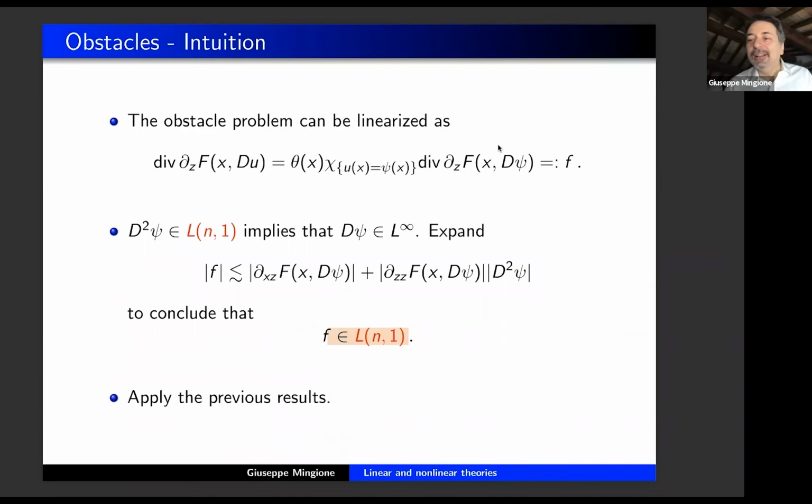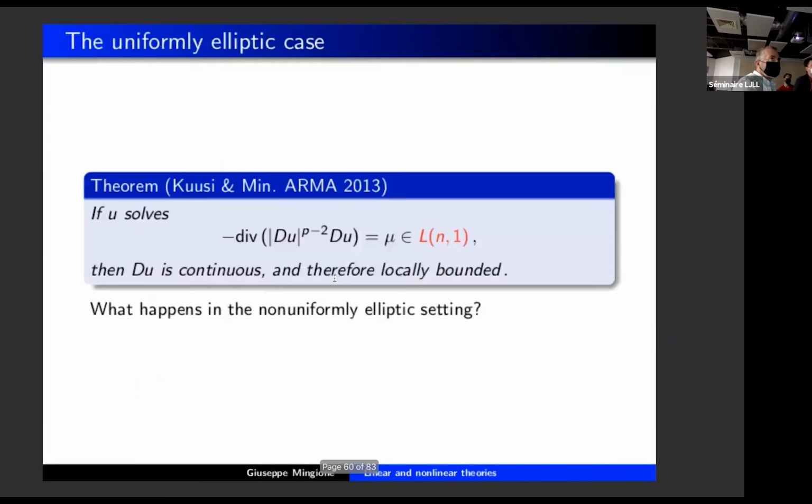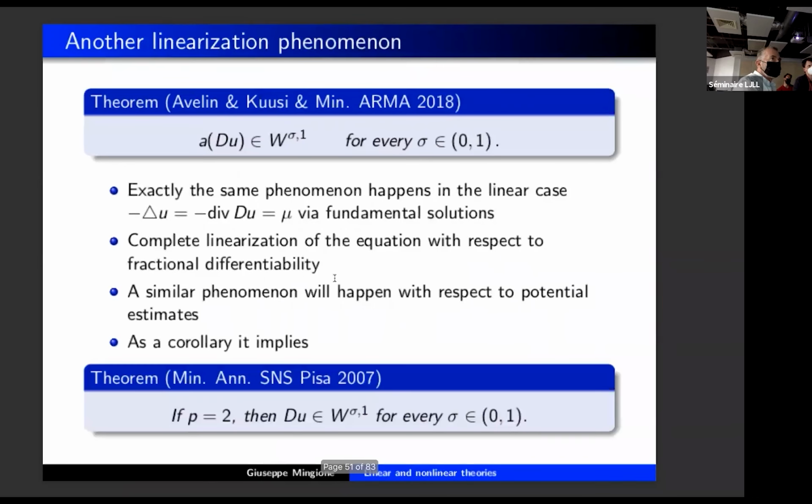So yes, I was wondering for the Calderon-Zygmund estimate. What you showed is if divergence A grad U equals something, then A grad U is nice, depending on the something. And my question is, sometimes you're interested in differences, like divergence A grad U minus divergence A grad V equals mu.